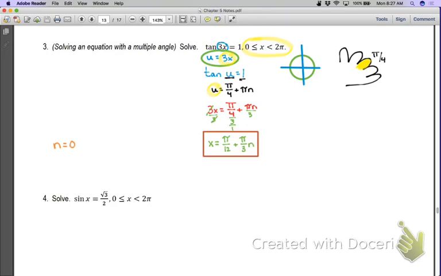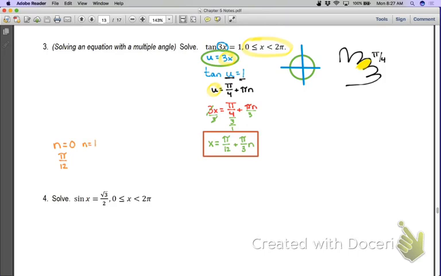If I plug 0 in for n, what's my first spot? Isn't it just going to be pi over 12? That makes sense?